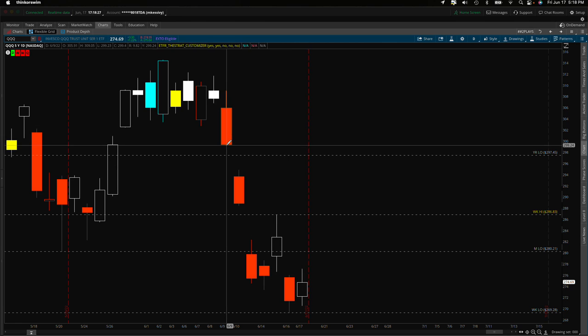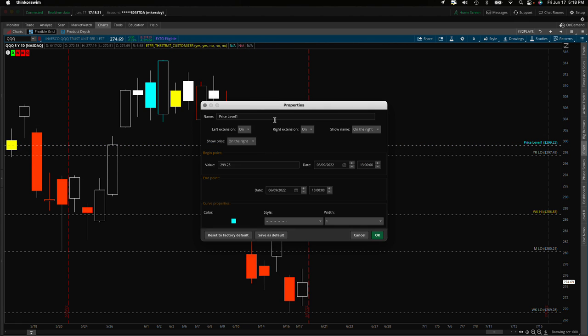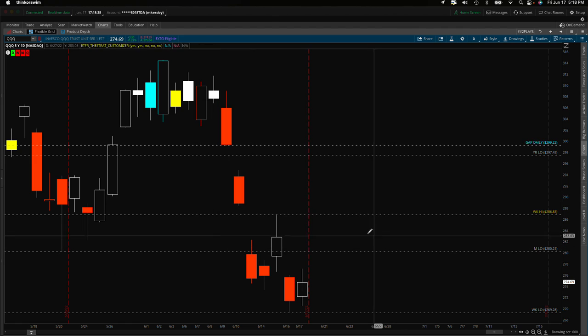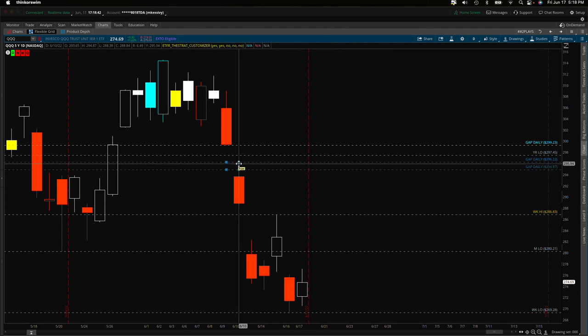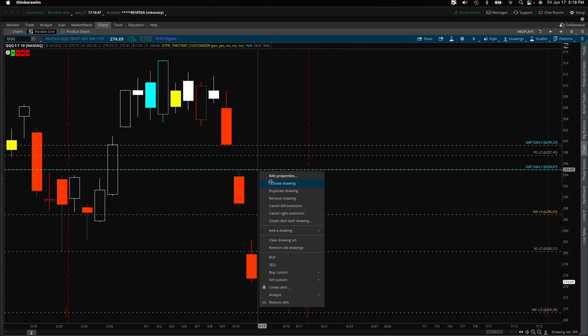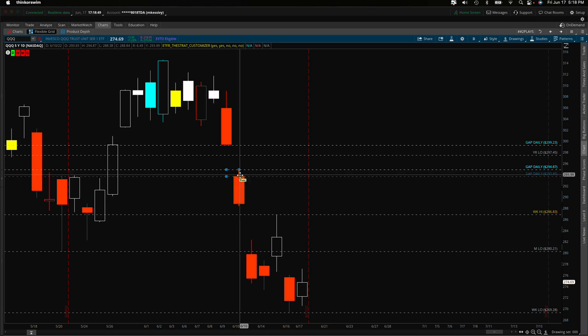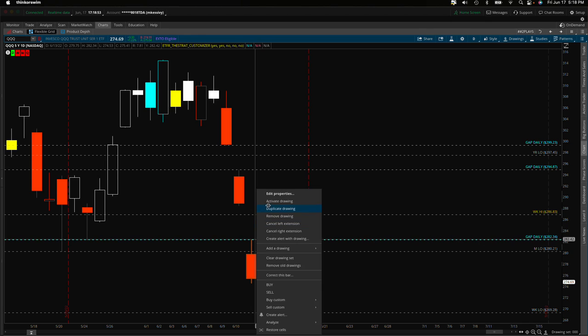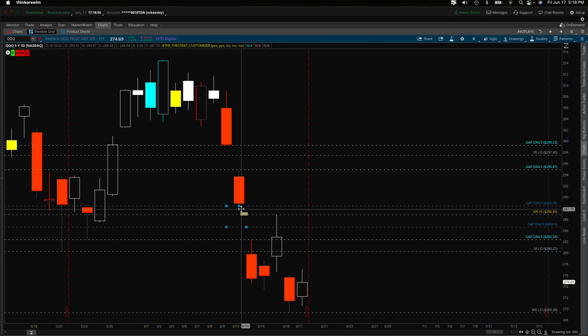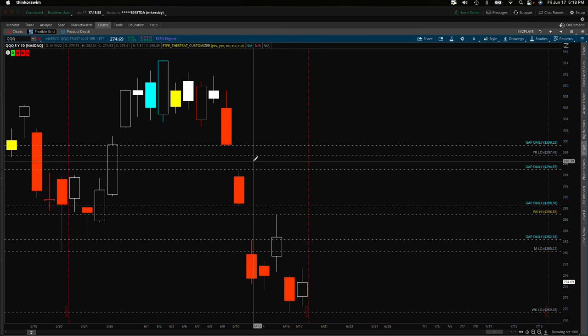so we have a couple of gaps here, so we'll mark the gaps. So we have a gap here.